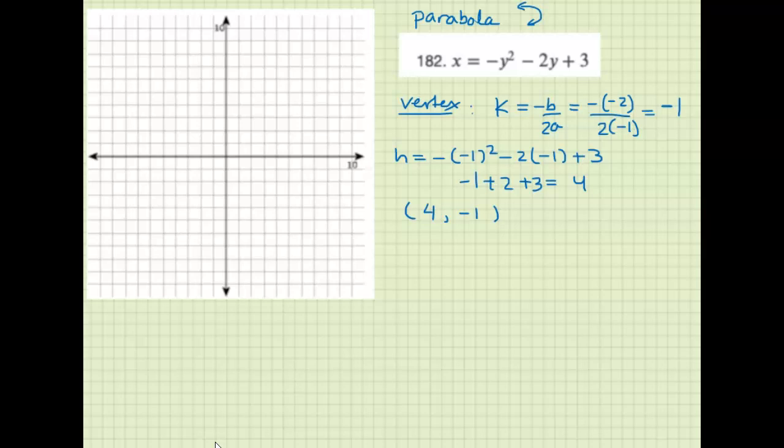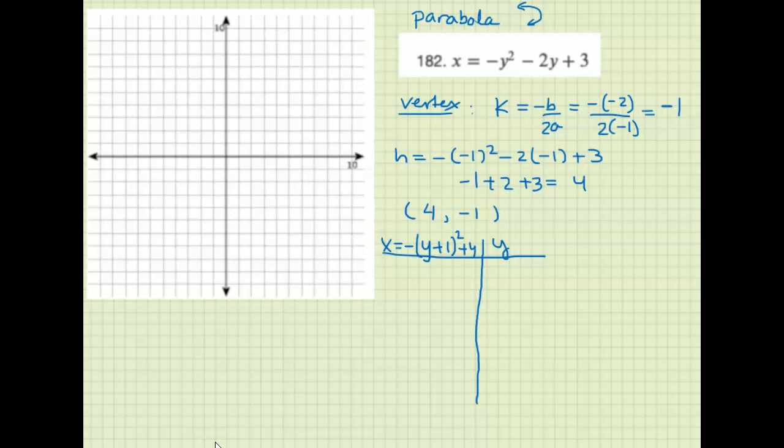All right, let's make a table of values. We want to work backwards: pick the y values and calculate the x values. So now we can write that in vertex form. We can say x equals negative (y - k) squared plus h, so -(y + 1)^2 + 4.